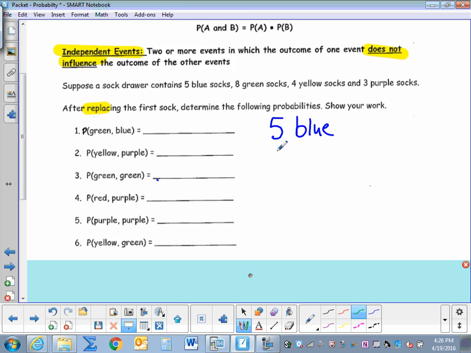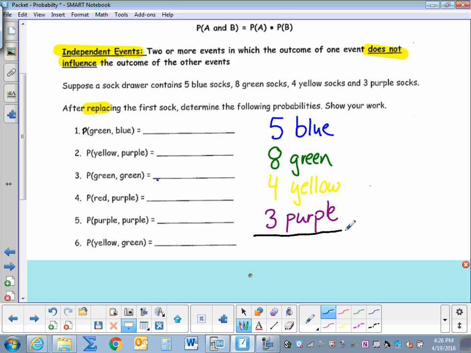We have 8 green. We have 4 yellow. And we have 3 purple. That makes a total of 20 socks.